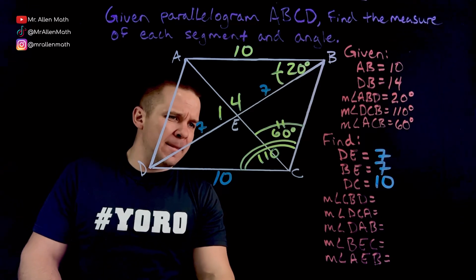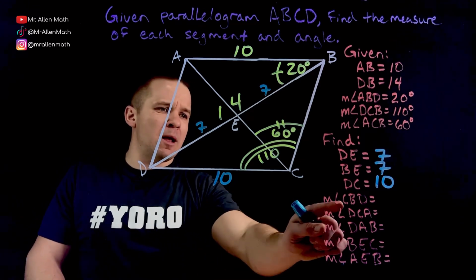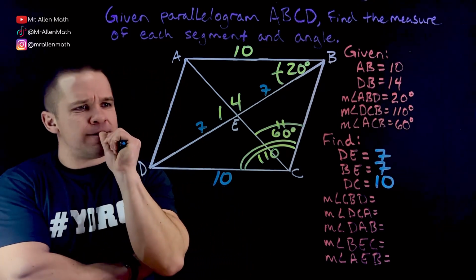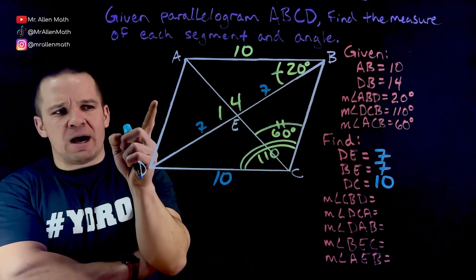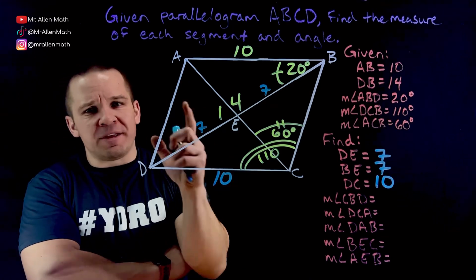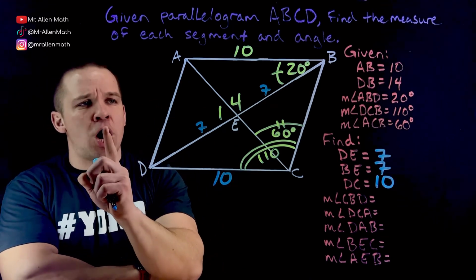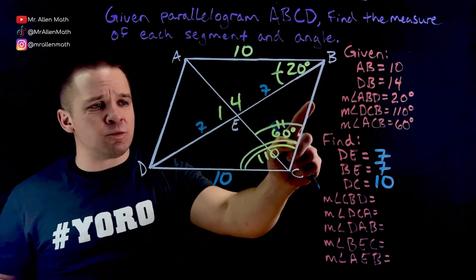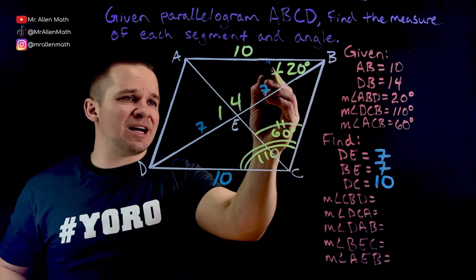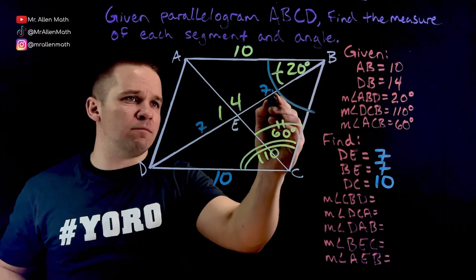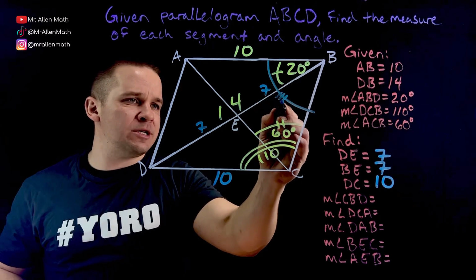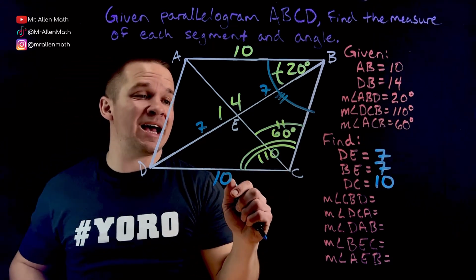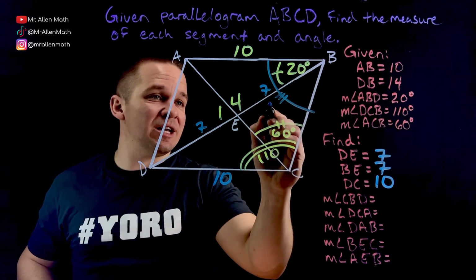Whew. Well, let's see here. Looks like we want CBD. Can I get that? Well, check this out. I know that the consecutive angles of a parallelogram are supplementary, meaning they add to 180. So if this big angle right here is 110, then this entire angle right here in blue, which I'll put 3 tick marks on, that entire thing is supplementary to that 110, which makes this 70 degrees.